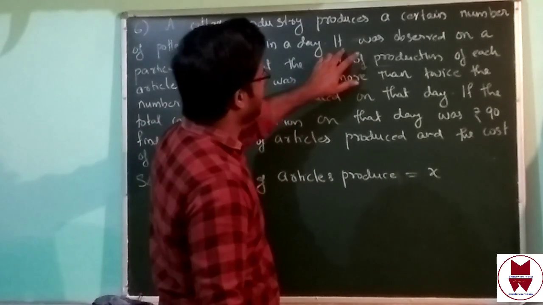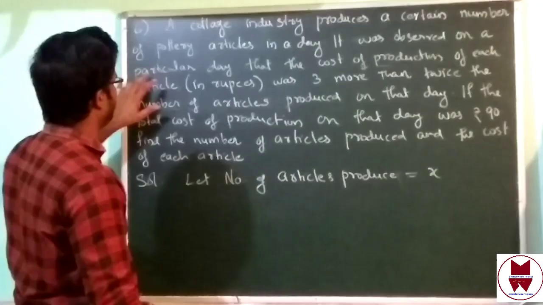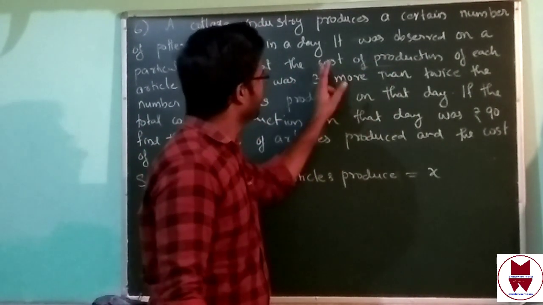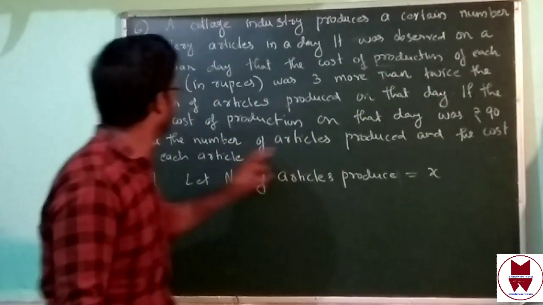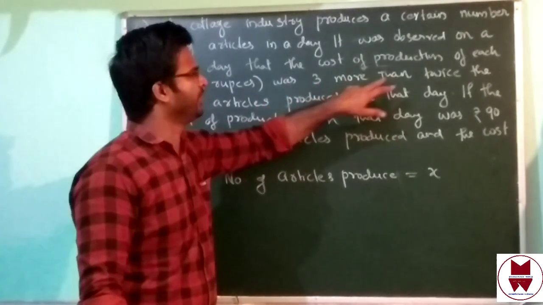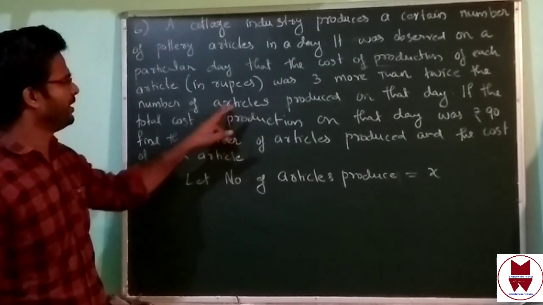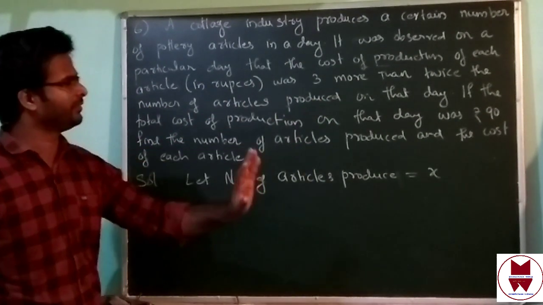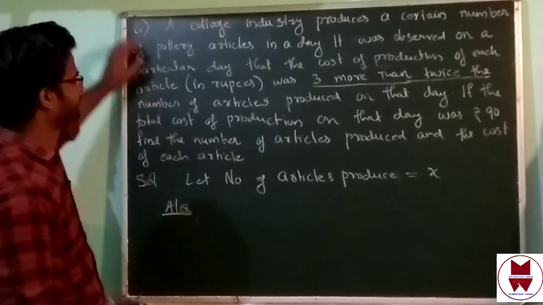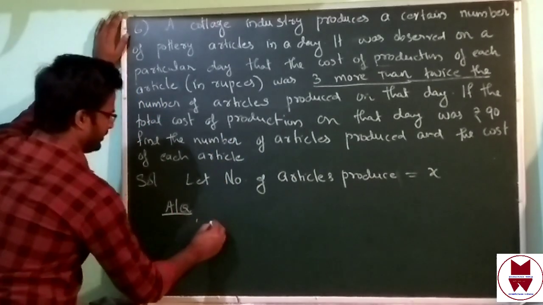Then it was observed on a particular day that the cost of production of each article in rupees was 3 more than twice the number of articles produced. One condition is given, and we can write that condition according to the question.